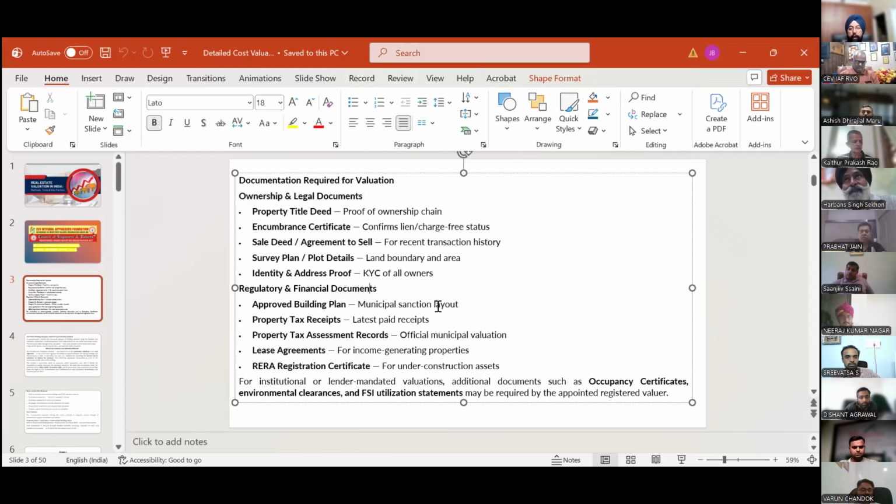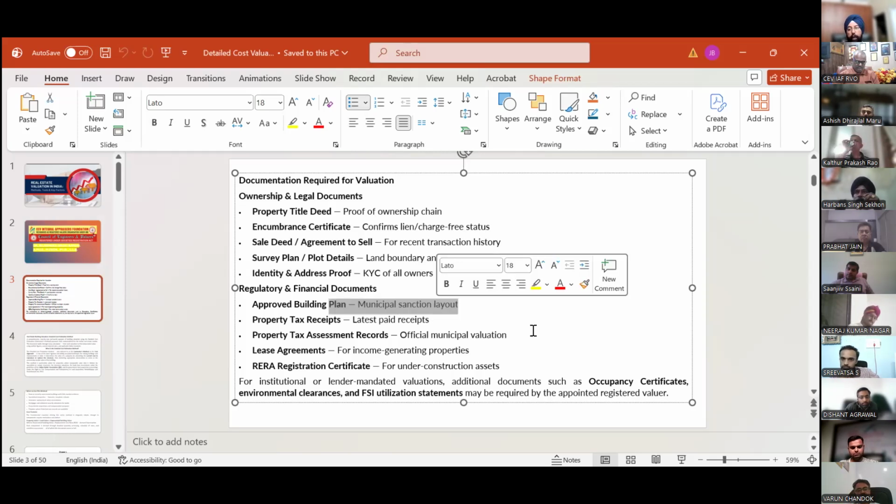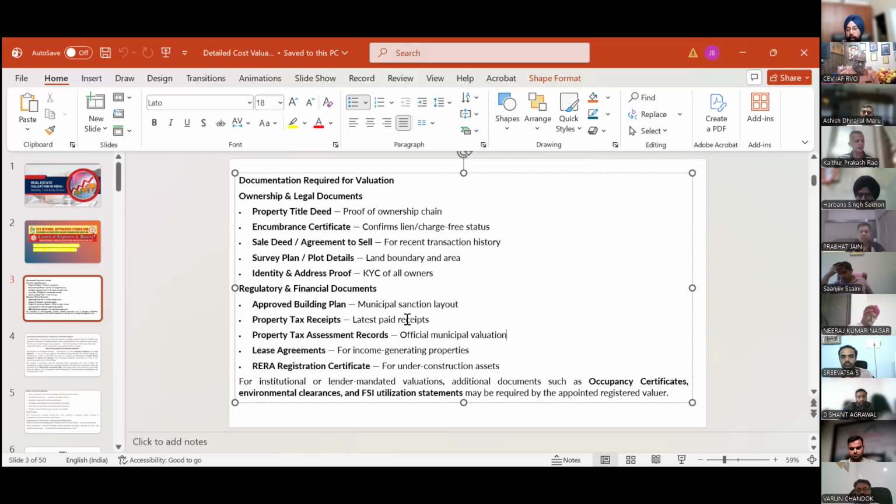Then some regulatory and financial documents: the approved building plan, if it is in a municipal area, and if it is outside the municipal area, then the approved building plan from the concerned authority. Then property tax receipts, the latest paid receipts, which you must get from the owner.